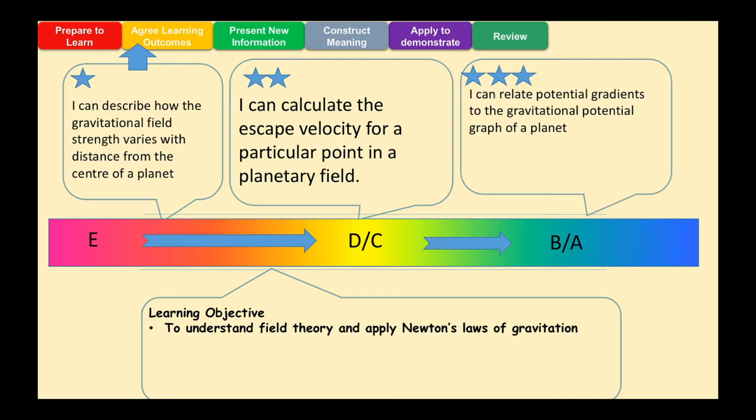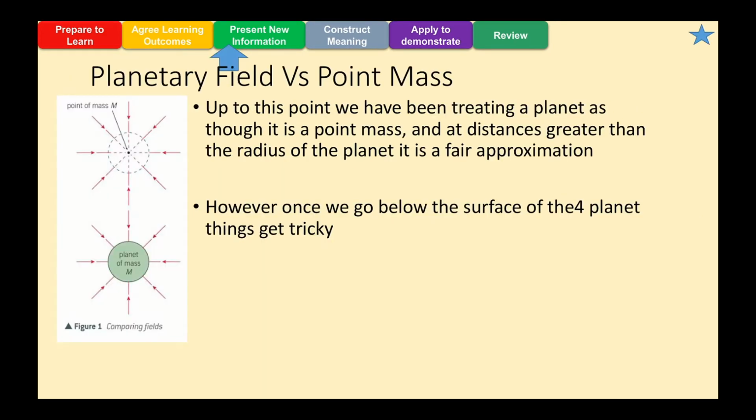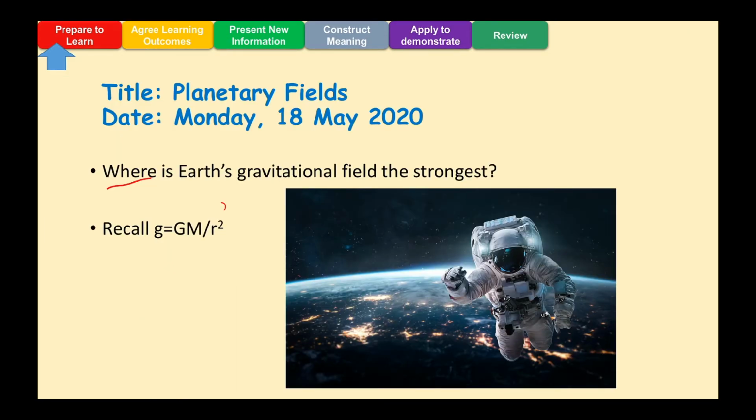And what we have to look at here is you have to remember that technically speaking, this formula is for a point mass. Okay, it is for a point mass.